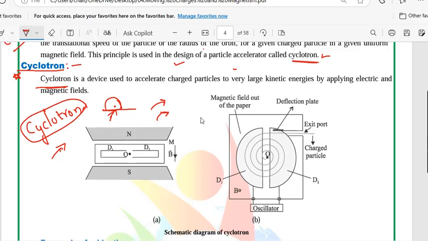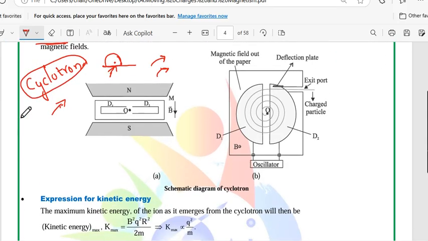If asked to give an example of a device that will accelerate the particle, you can write the cyclotron. To accelerate that particle, I need to apply electric as well as magnetic fields and also the kinetic energies. So this is a kind of application, or a principle.